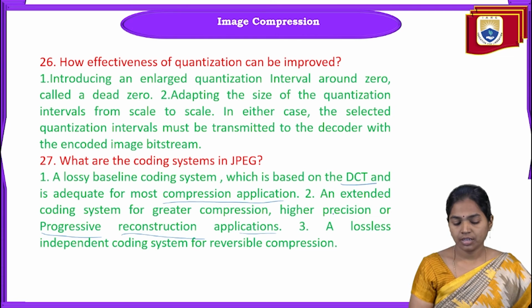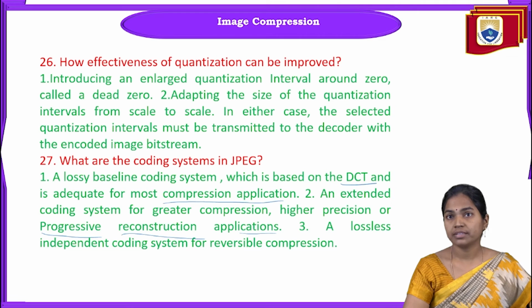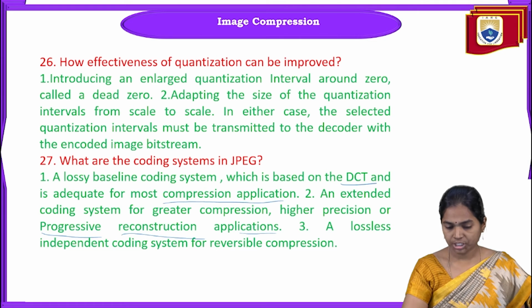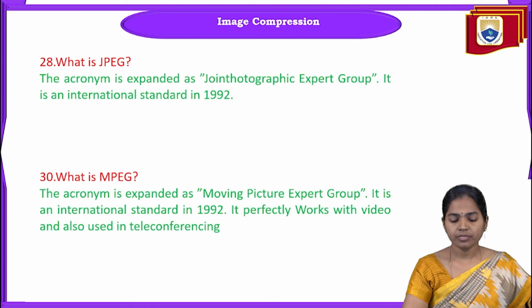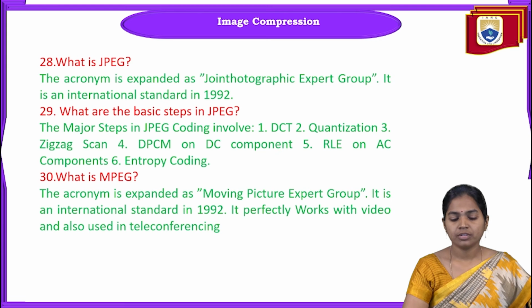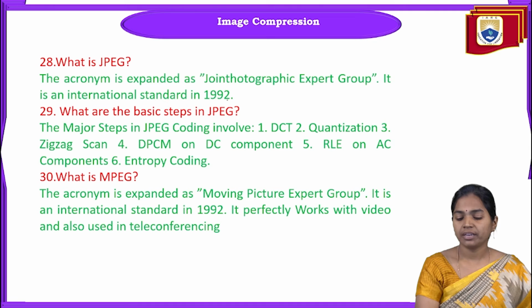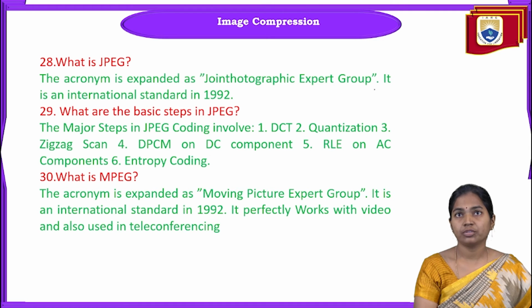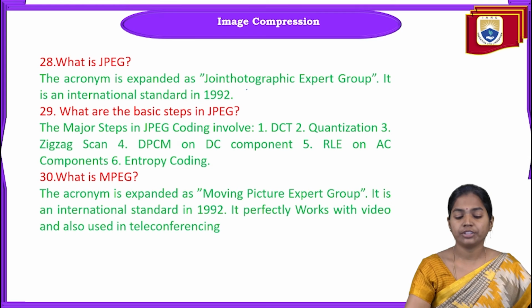Third, a lossless independent coding system for reversible compression. What is JPEG? It is expanded as Joint Photographic Experts Group. It is an international standard from 1992.